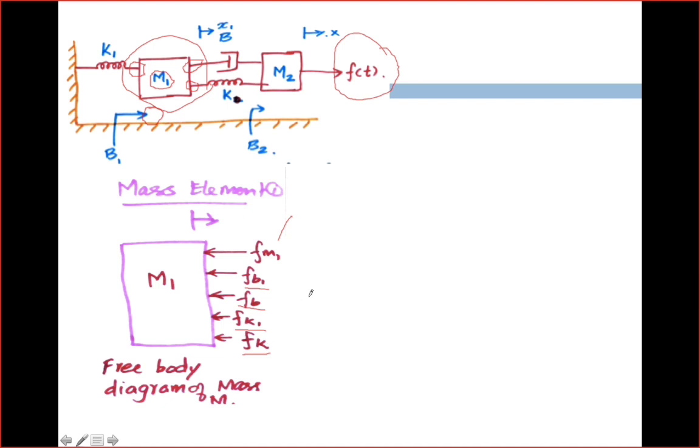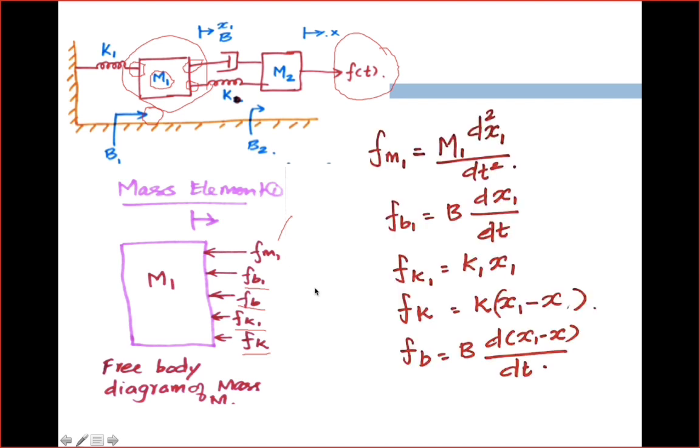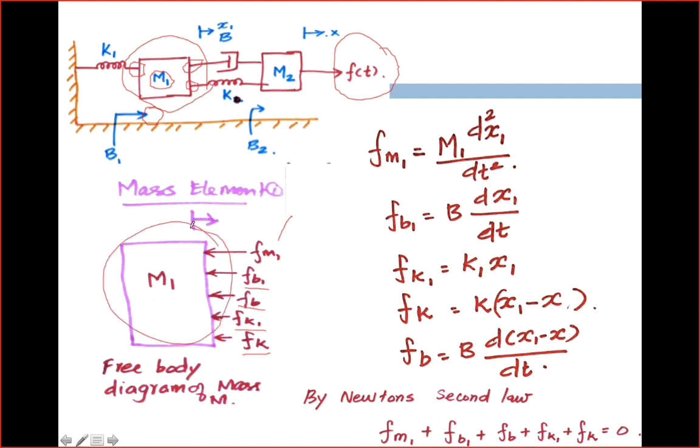All these are opposing forces, and since no force is applied on mass element M1, using Newton's second law, the sum of the forces acting on this mass element is equal to 0.